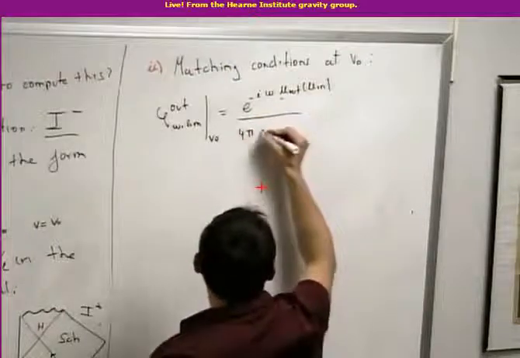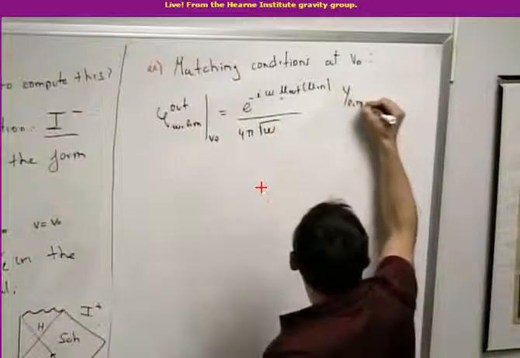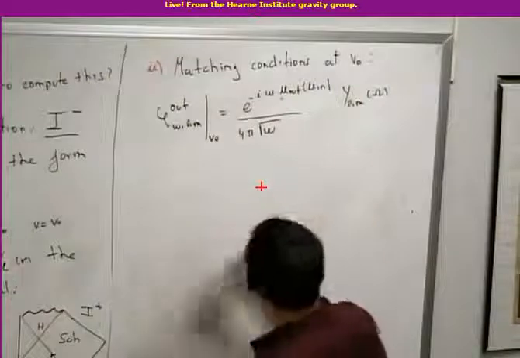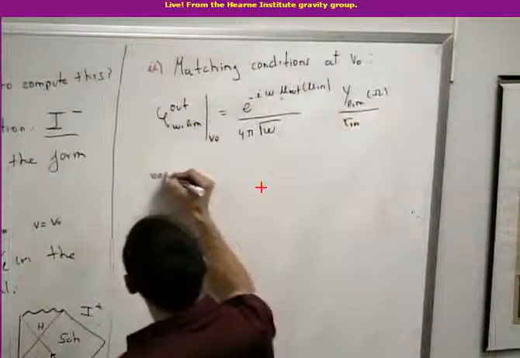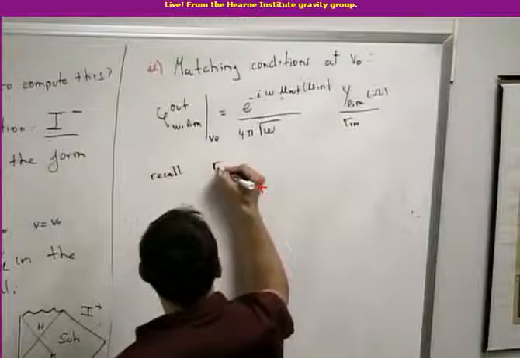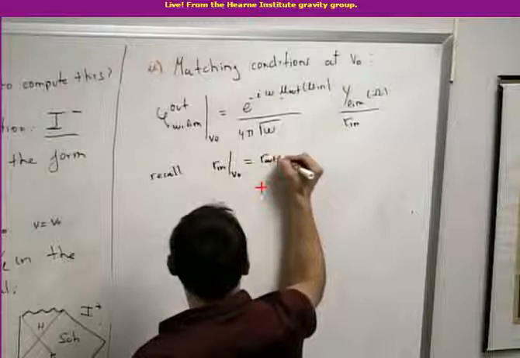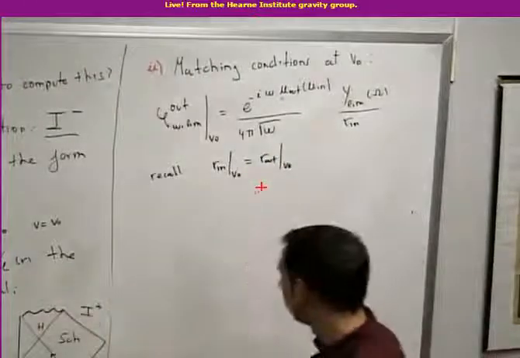I wrote the expression at the very beginning of the class. And I also have to write r out as a function of r in. But that is trivial, because recall what I wrote at the beginning of the class: r in at V naught is exactly the same as r out at V naught. This was imposed by the matching conditions of the metric.